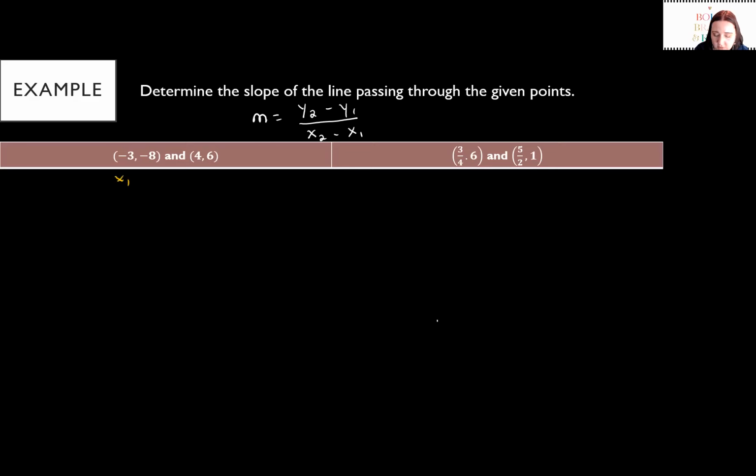So I just use the first point. So -3 will be x1 and -8 will be y1. And when you're writing this, or even when you're typing this, this is a subscript. When the number is below, that means it's a label. So the 1 is just labeling that this is the first point. It's not an exponent.